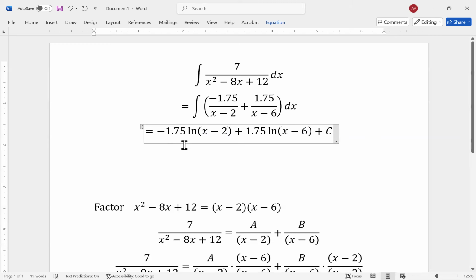Now, if you want to write 1.75 as a fraction of 7 over 4, you can do that as well. 1.75 as a fraction is 7 over 4. So if you like fractions better than decimals, go ahead and do that. But the essence of it is just this.